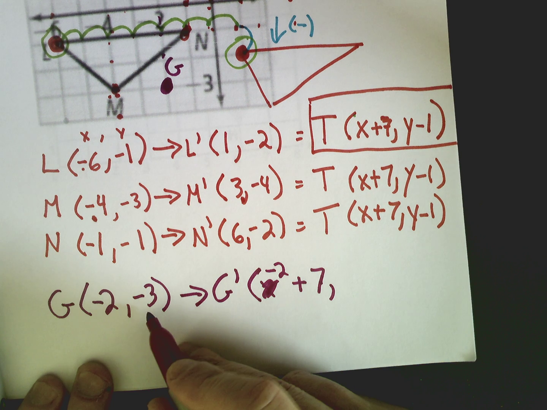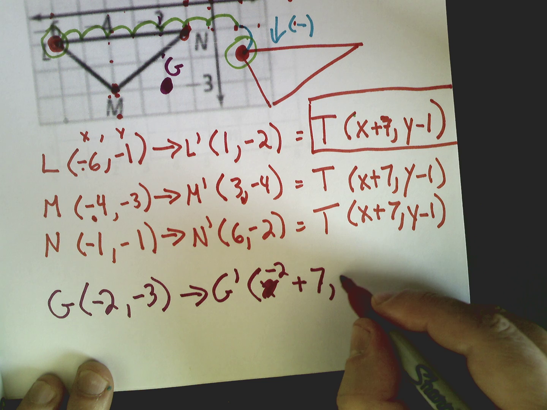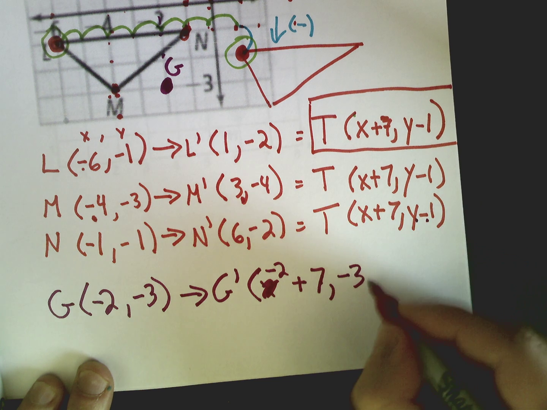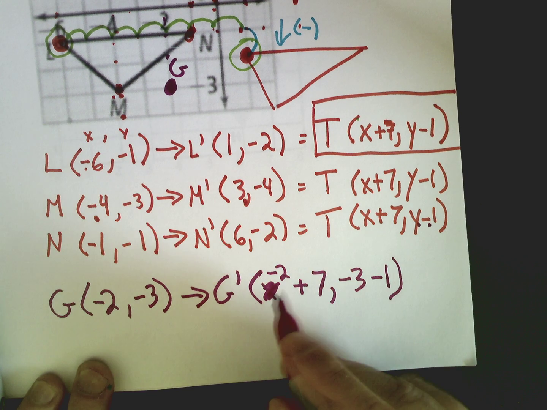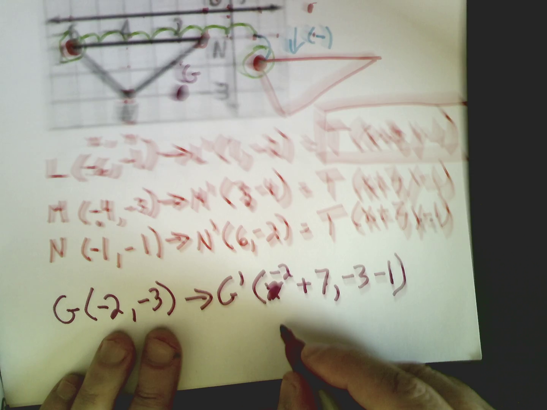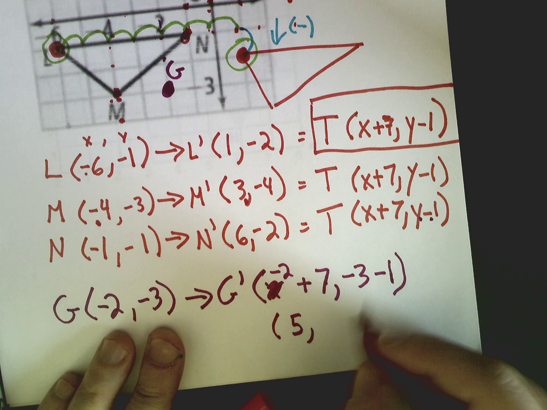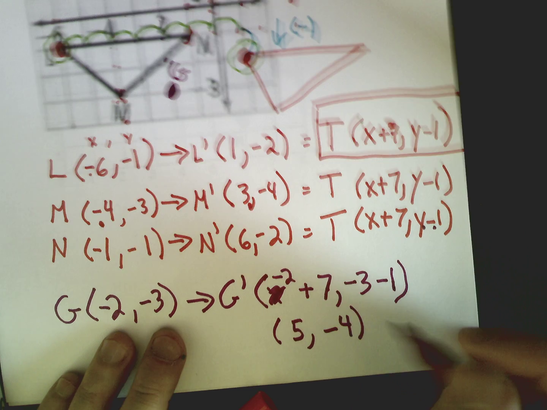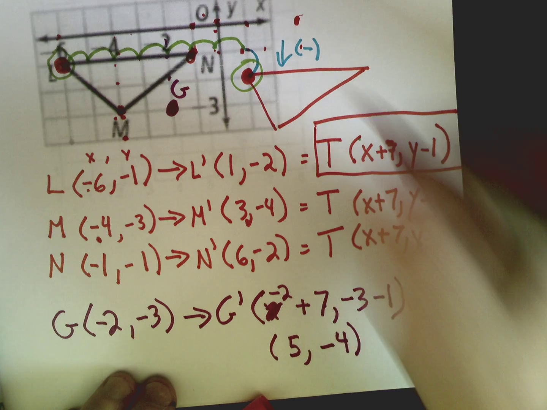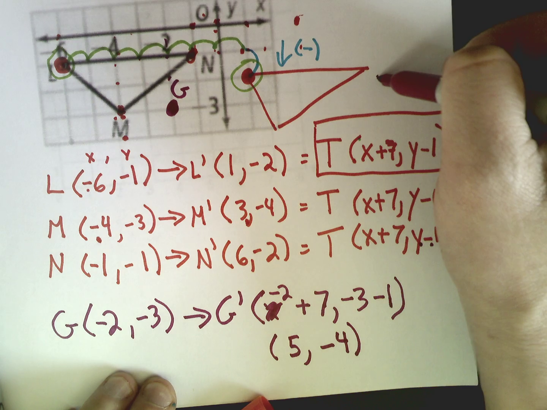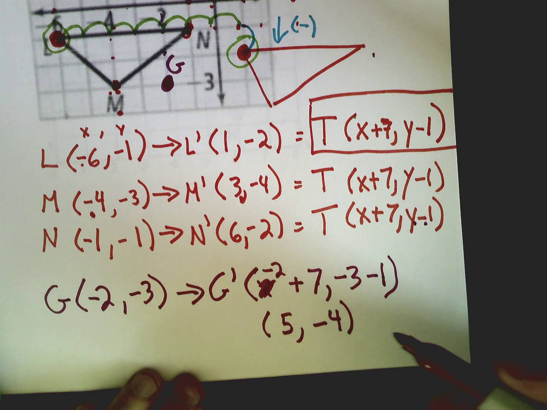My y is negative 3 minus 1 from our rule. Negative 2 plus 7 is 5. Negative 3 minus 1 is negative 4. So this new thing is somewhere out over here beyond that graph, but we did it now mathematically.